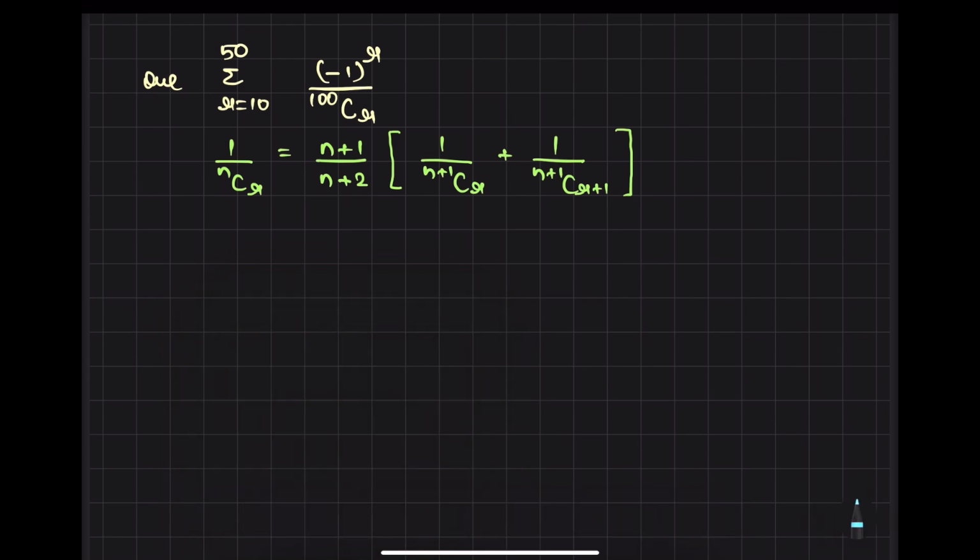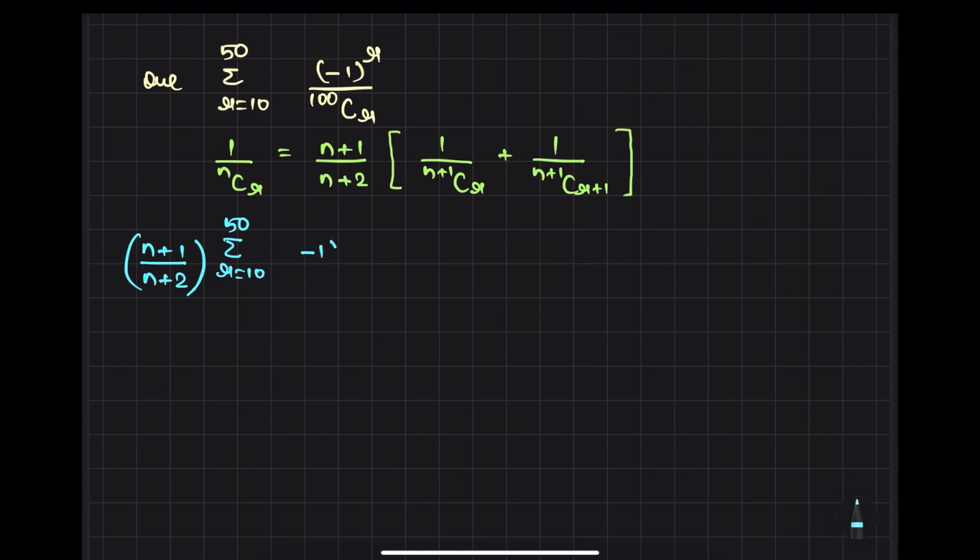Now look at this thing. Summation r starts from 10 to 50, and then we have n+1 by n+2, which will be common now because the variable is r. Everything except r will become constant, and constant you can take outside. Correct?